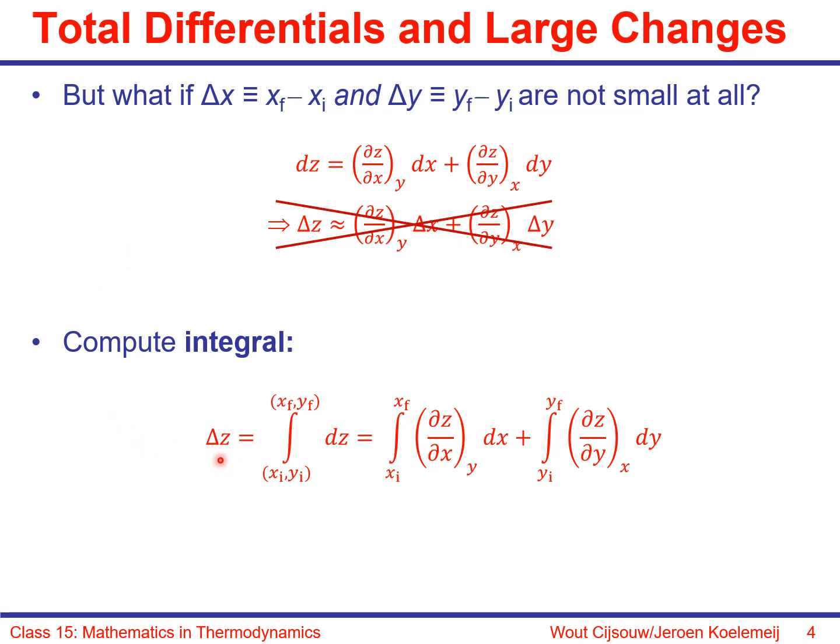Your delta z formally is defined as an integral over the total differential dz, where you start from an initial point x and an initial point y, and you integrate to a final point x and a final point y. And using this same expression again, you see that this integral can be decomposed into two terms, one integral in x and one integral in y.